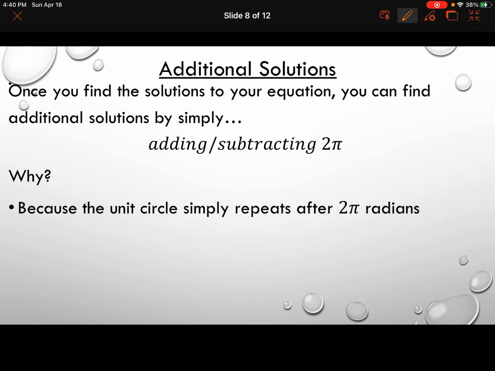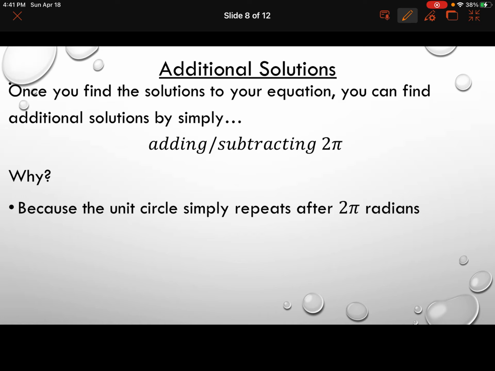Now I want us to address a quick thing, which is this idea of how you find additional solutions to your equation. Well, it's simple. You simply add or subtract 2 pi. Why?